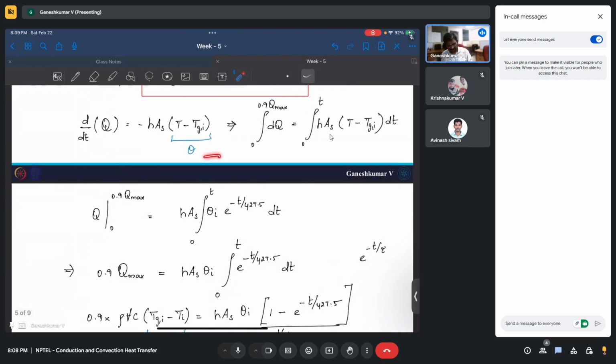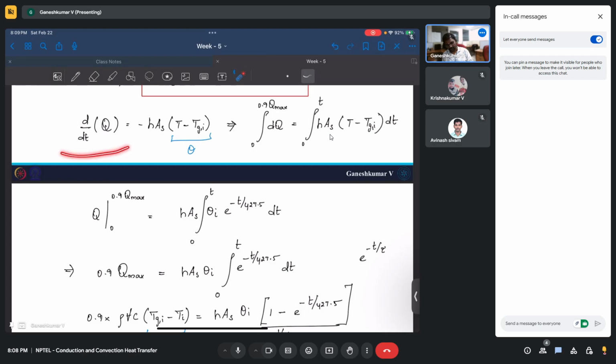So that is something new that you might be seeing in this session. But I think we usually do this even in steady state heat conduction. If you want to know how the heat varies along the x direction, we will integrate and do things like that, right? So it's a similar thing.